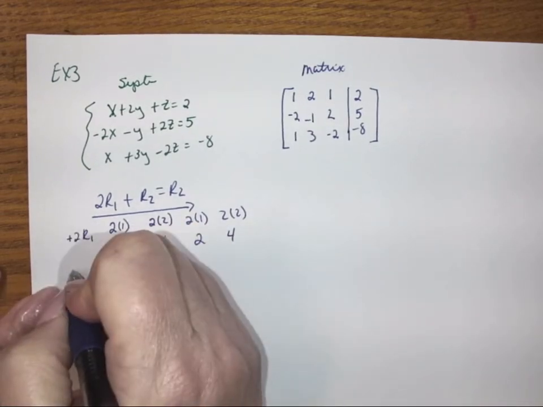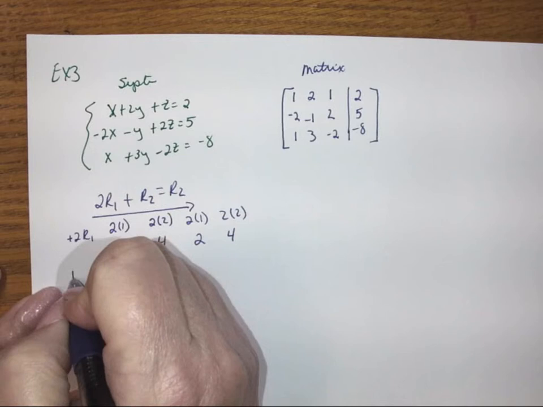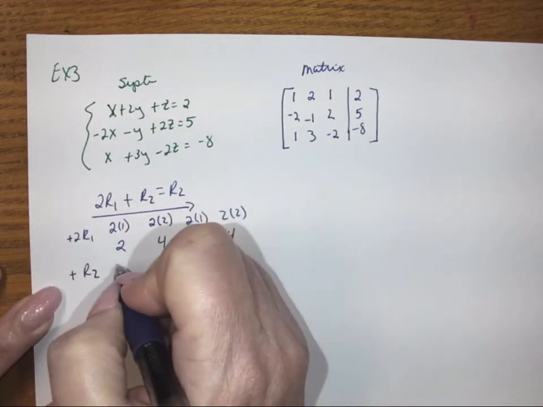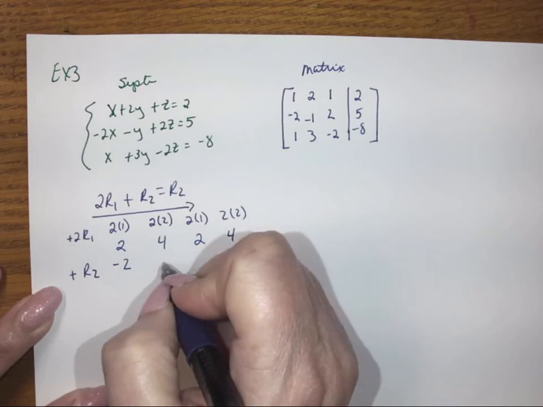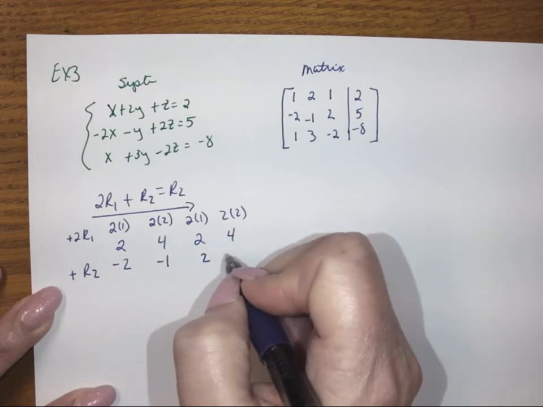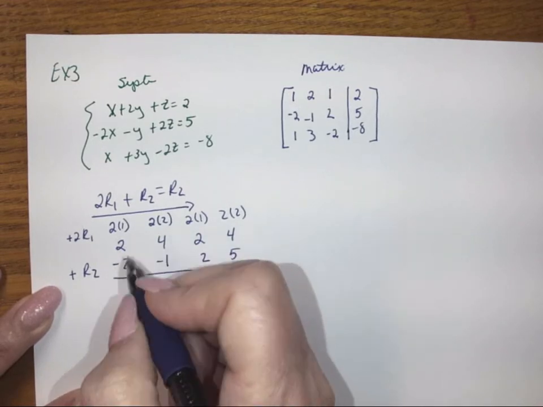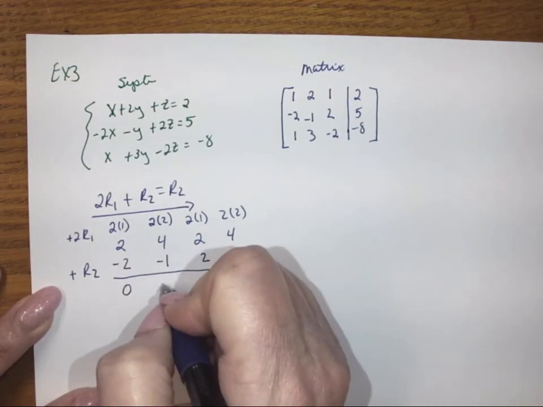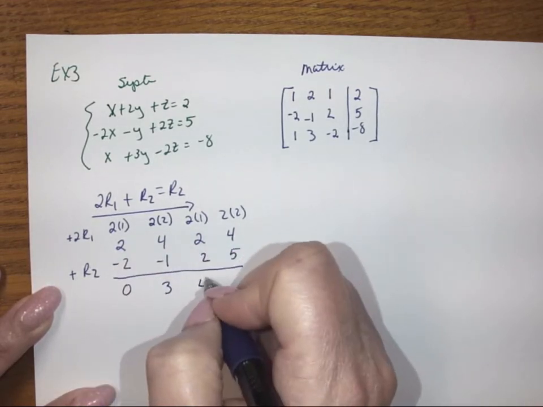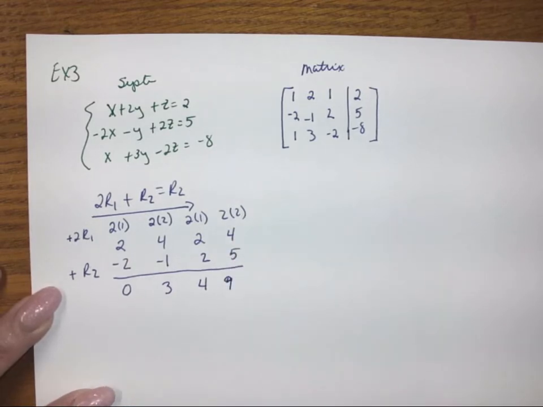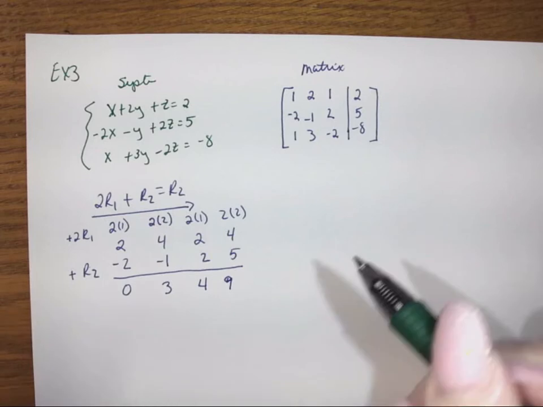And then we're going to add a row 2. So negative 2, negative 1, 2, and 5. So 2 minus 2 is 0, 4 minus 1 is 3, 2 plus 2 is 4, and 4 plus 5 is 9. Rewrite our matrix.